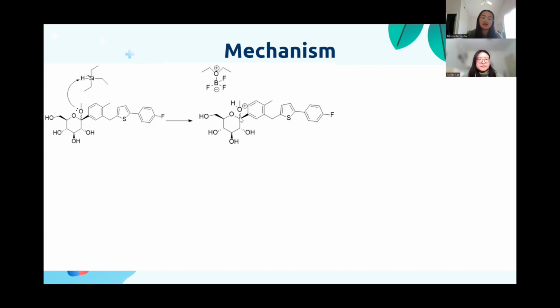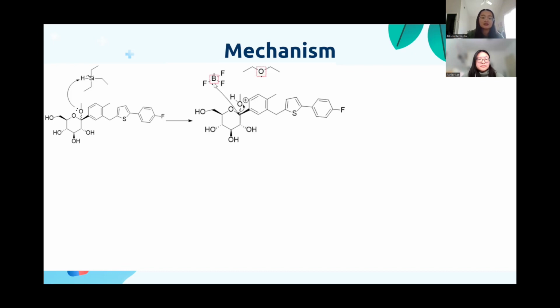Then the boron trifluoride etherate boron-oxygen bond would break apart to form two radicals, and the lone pair on the boron atom would then attack the tertiary carbon right here, and the methanol will be kicked off.